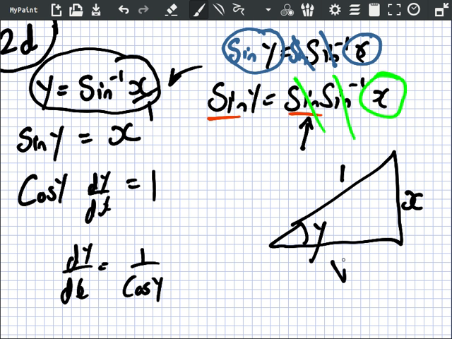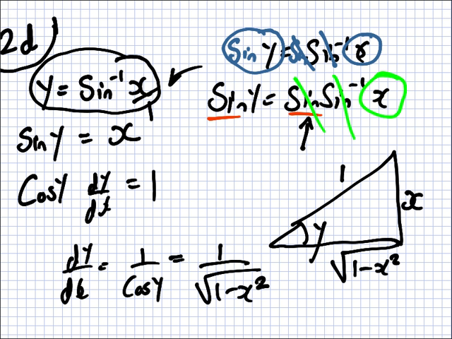This side is the square root of 1 minus x squared. So what's cos y? Cos y is this piece over 1, so it's just going to equal 1 over root 1 minus x squared. That's the answer. It's adjacent over hypotenuse, which is this guy.